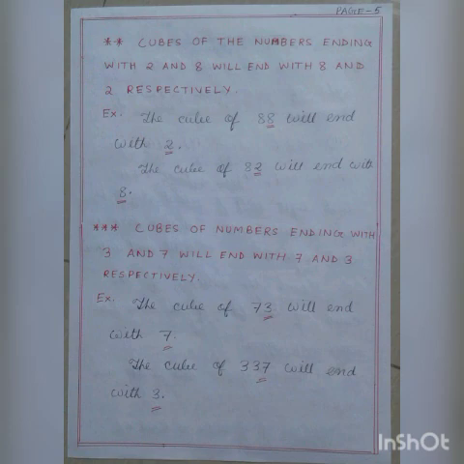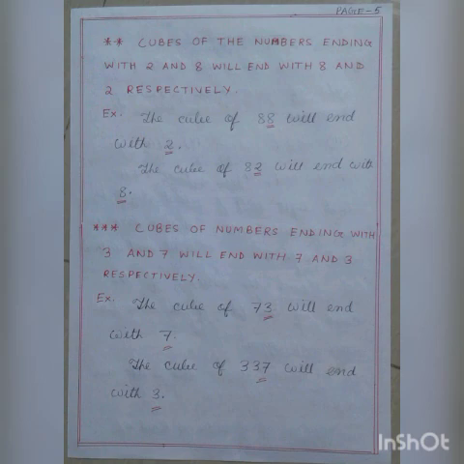If the last digit of a number is 2, then its cube will end with a digit 8 as its last digit.